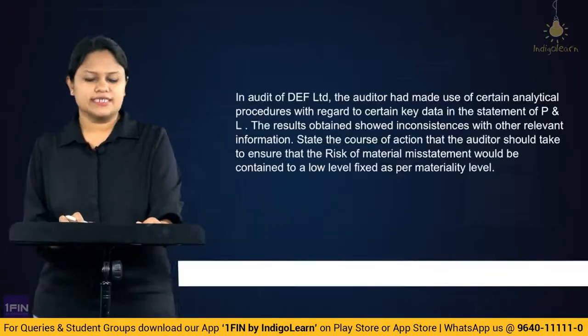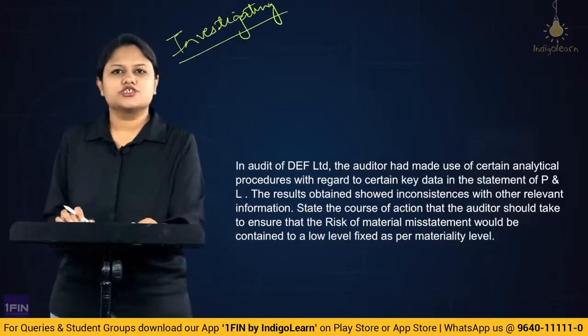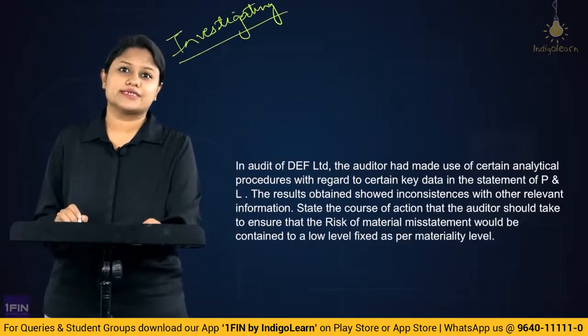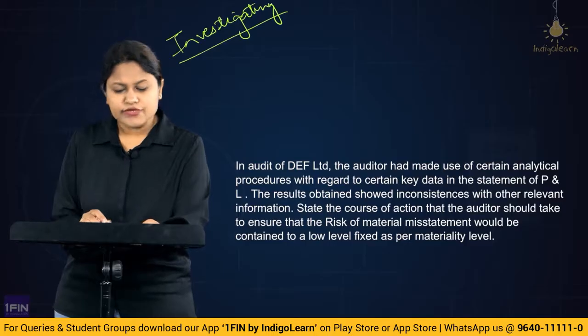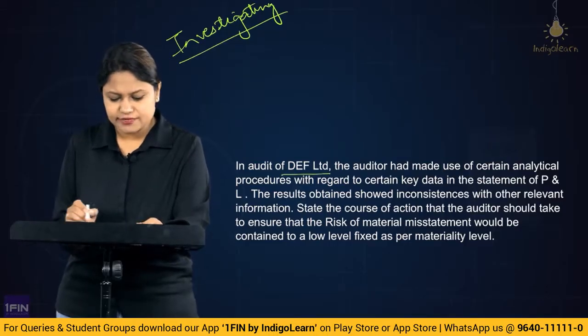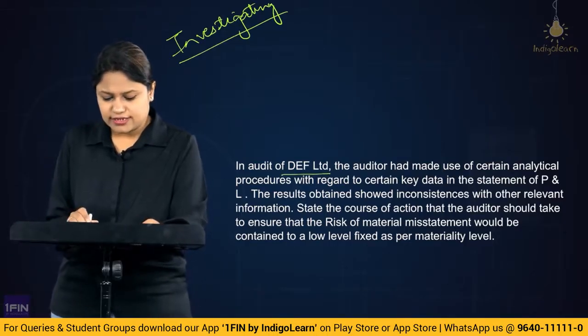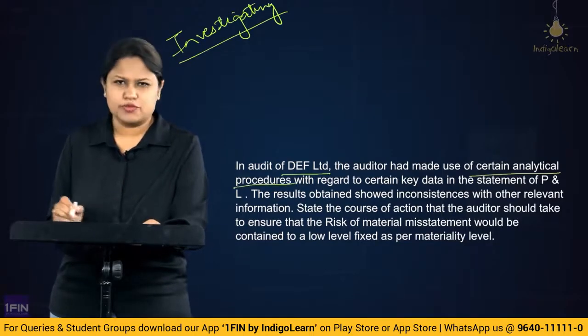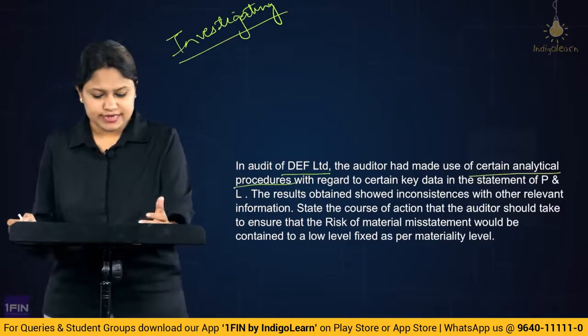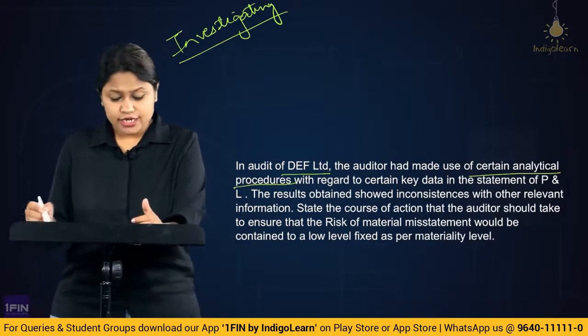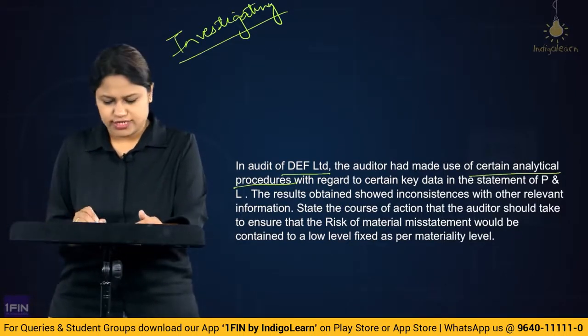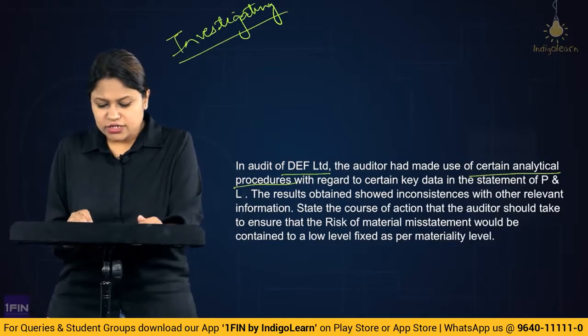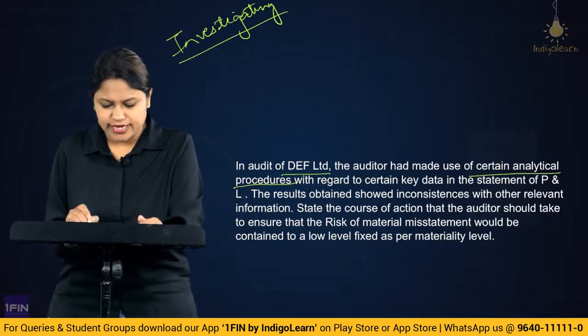Alright? Now let us read the question once again in detail so that you get the crux of what it is asking. We are doing the audit of DEF Limited, and this auditor, that is we, have already performed certain analytical procedures. So maybe we have done some ratio analysis, some trends, some reasonableness check. So like that we have performed some audit procedures with regard to certain key data in the statement of P&L.